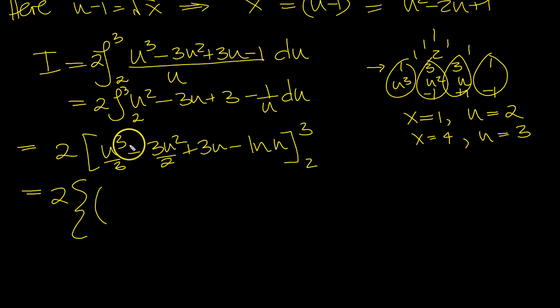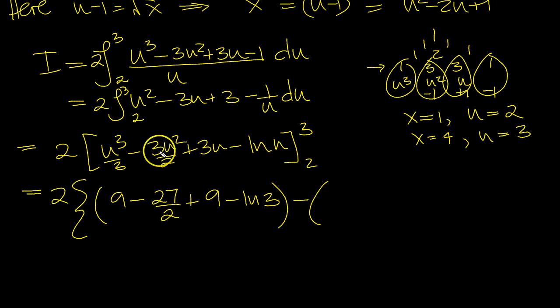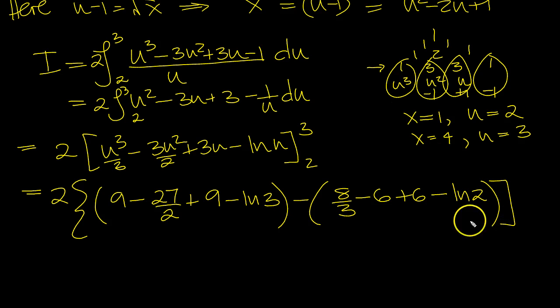Top value: 3 cubed is 27 over 3 is 9, minus 27 over 2, plus 9, minus ln 3. Minus the bottom value: 8 thirds, 2 squared is 4, 4 over 2 is 2, plus 6, minus ln 2, close bracket.